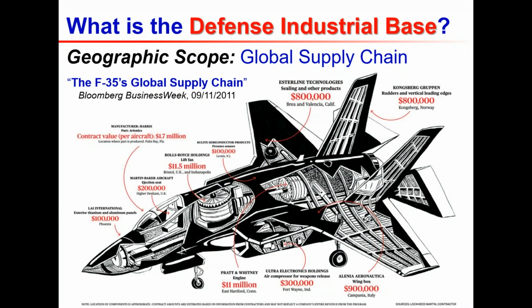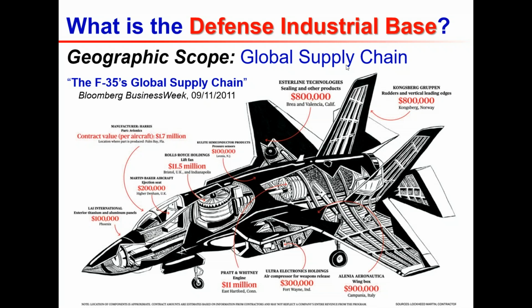In terms of geographic scope, it's also important to understand when we talk about the defense industrial base, we are talking about the global supply chain for our warfighter capabilities, right? And this is just one example of a diagram from a Bloomberg Businessweek article called the F-35's global supply chain, right? And you'll see, of course, a lot of what goes into it is from different parts of the United States, but you also see several elements coming from the United Kingdom.